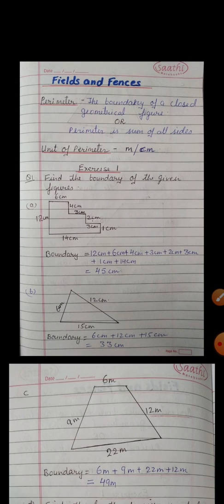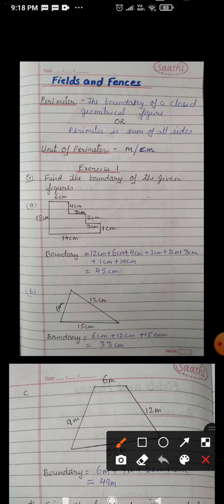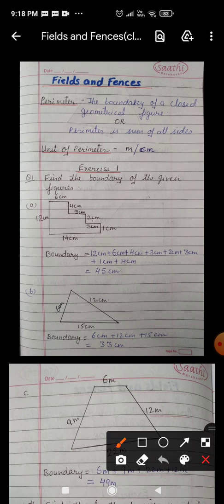Children, in today's class we will learn how we can calculate the boundary of an irregular shape. Irregular shape means shapes with different sides. Their measurements may be of different length.